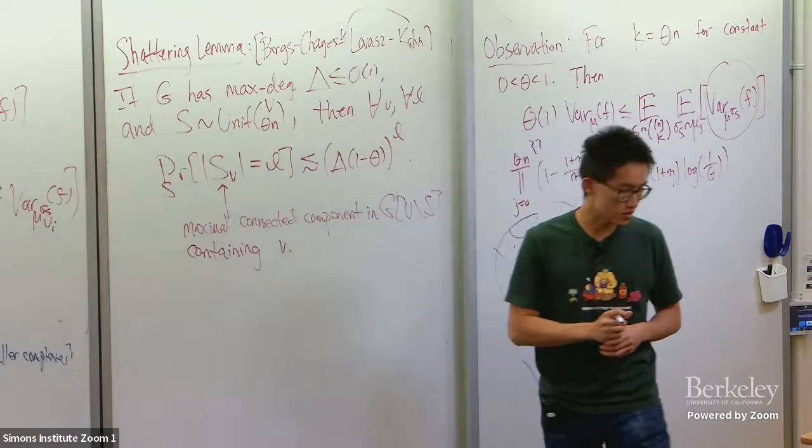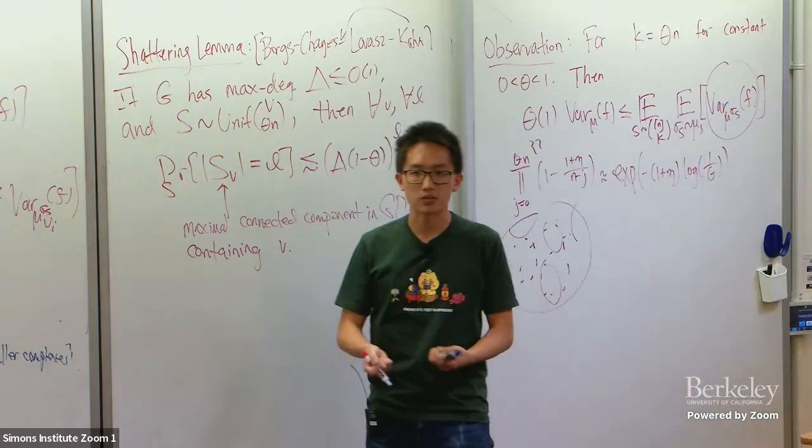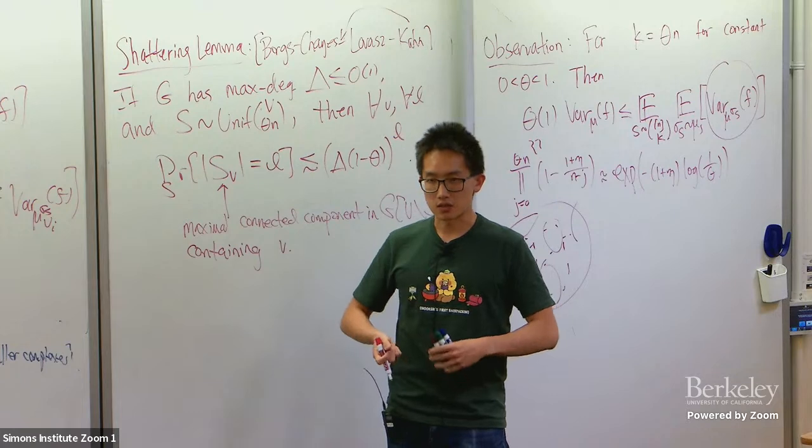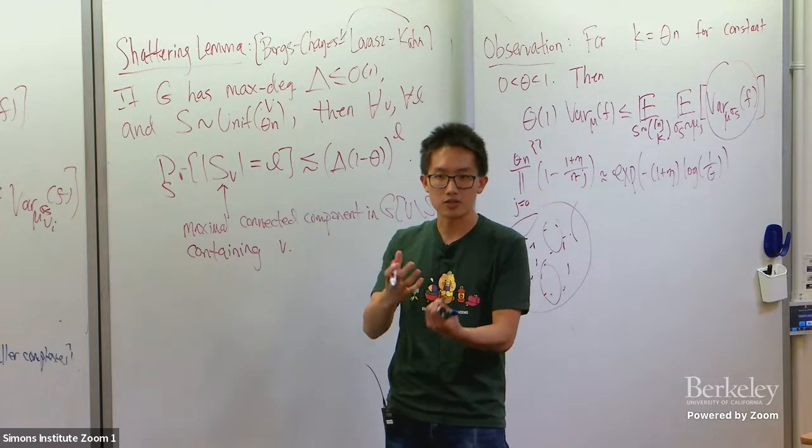Oh, okay, sure. I guess the real workhorse is an accounting lemma that says, if I have a vertex, I count the number of connected induced subgraphs that contain that vertex.